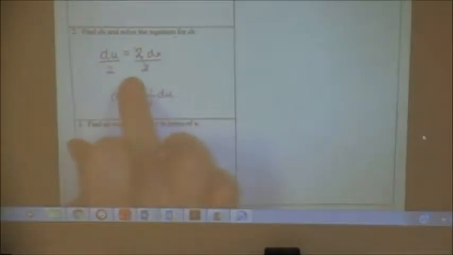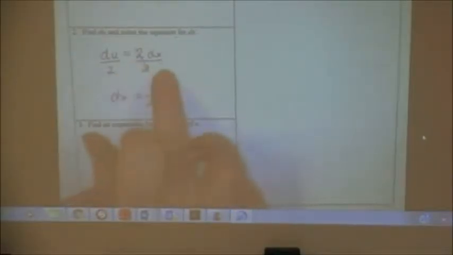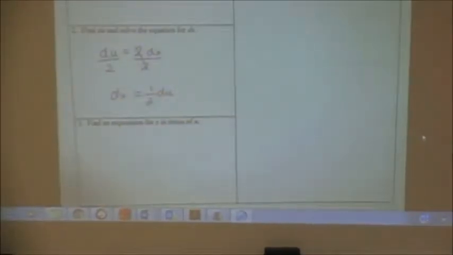So basically what I just did was I took the derivative in terms of u, and because I couldn't take the derivative in terms of u, I had to write a dx on this side. Yes? Everybody alright? Okay. So now, find an expression for x in terms of u. So just using this that I just created up here, I'm just going to solve it for x.